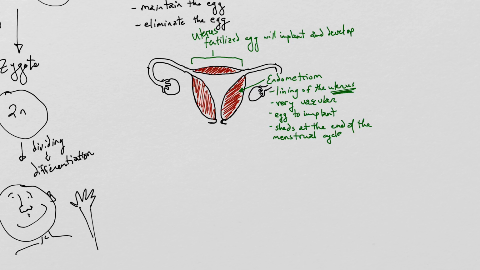So let's label what we've got here. These are the fallopian tubes. It's an O. Fallopian tubes. You might also hear them referred to as the oviducts. These provide a place to transport the egg to the uterus.